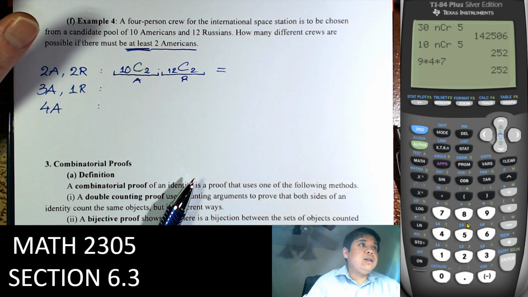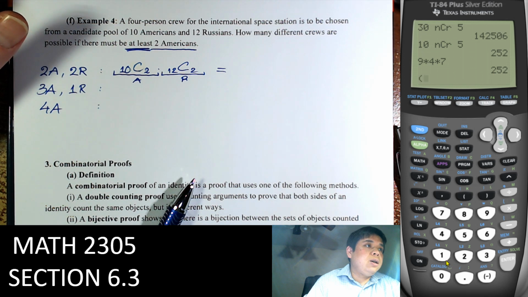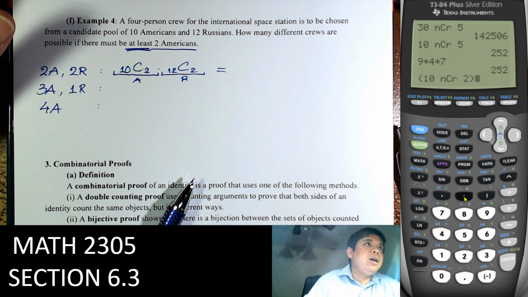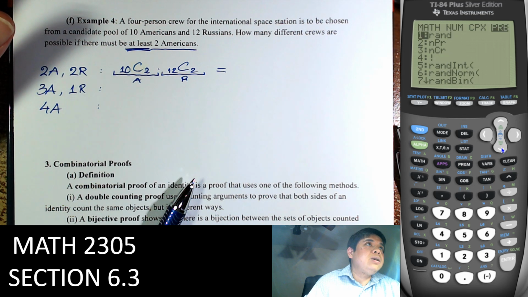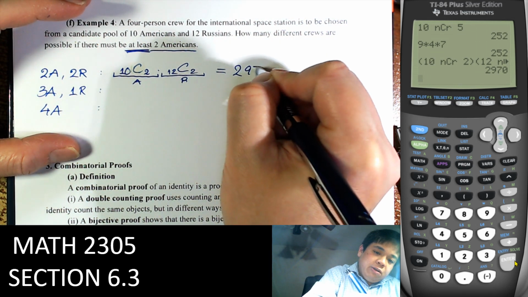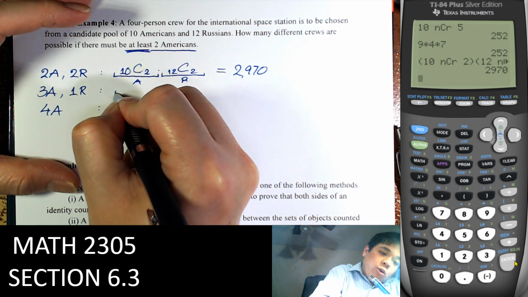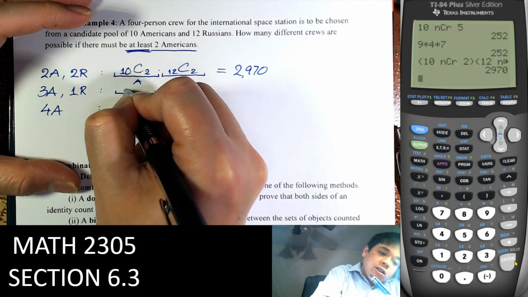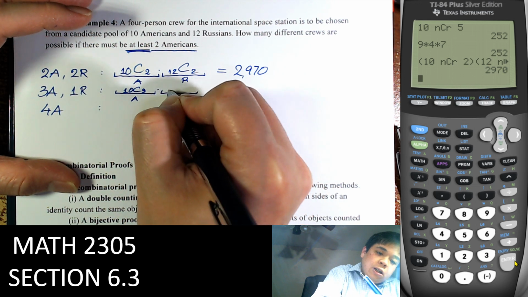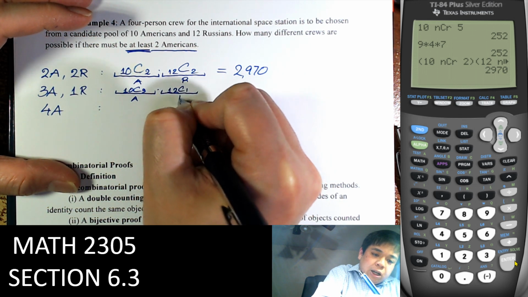So we do 10 choose 2, and then 12 choose 2. That gives 2070. Then 3 Americans and 1 Russian.